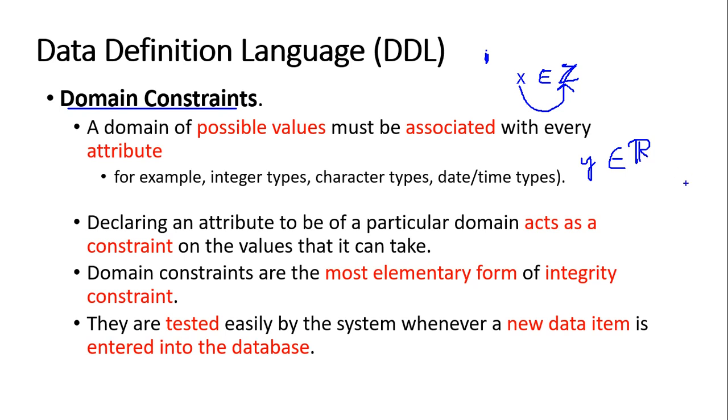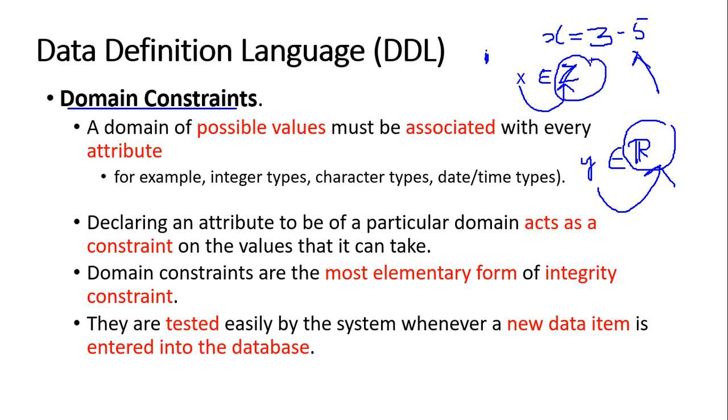So in other words, y belongs to a domain. So domain is nothing but possible values. What are the possible values y can take? If I say x belongs to the set of integers, then x cannot be 3.5. You cannot do that. Why is it not 3.5? Because 0.5 is not allowed in the integers.